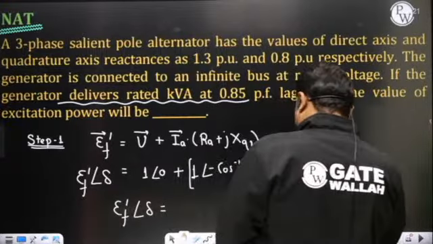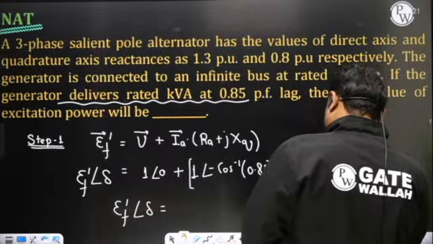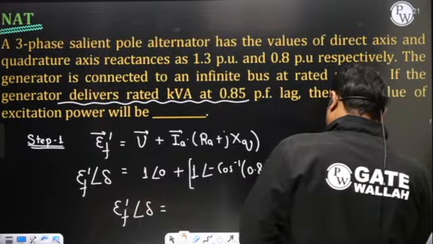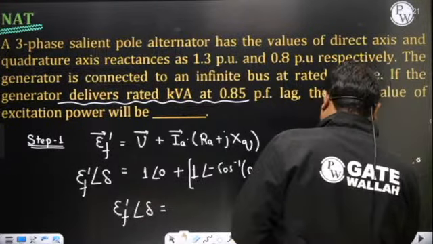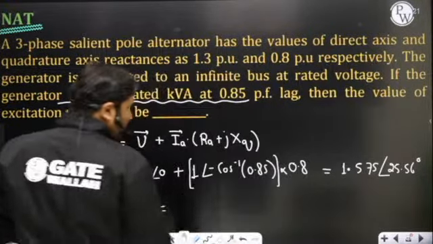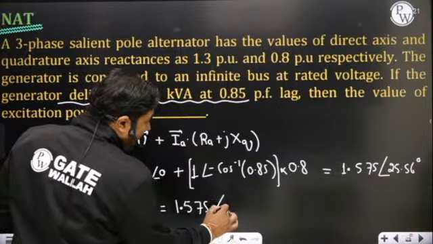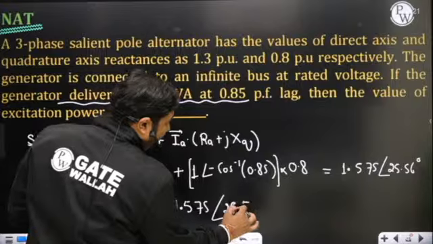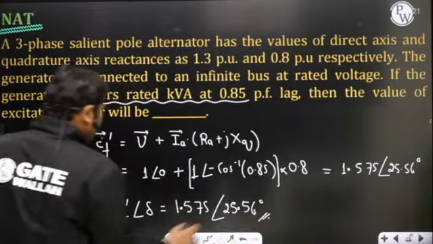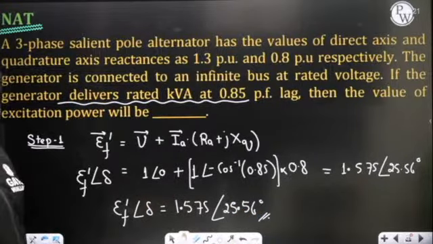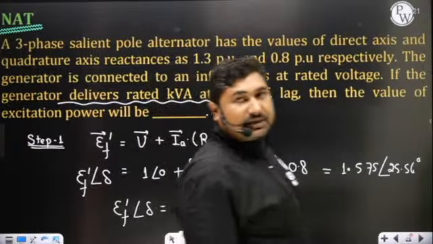This will be 1.575 at an angle of 25.56 degrees. So we have EF dash and load angle delta as 25.56 degrees. This is not your answer, this is just EF dash only.